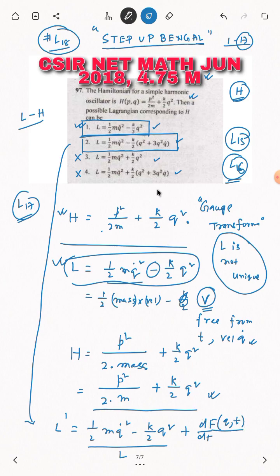Now, can we make this second quantity a function of time and coordinate type? The quantity here was minus k by 2 into 3 q square q dot. Can we make it comparable to this? Yes.